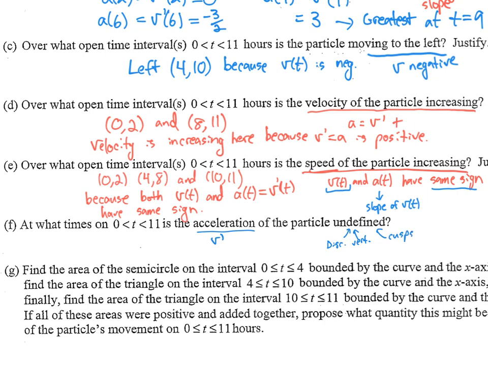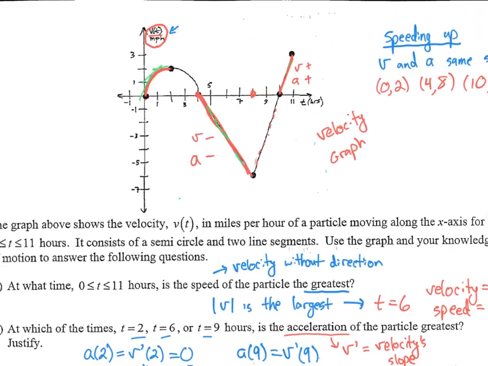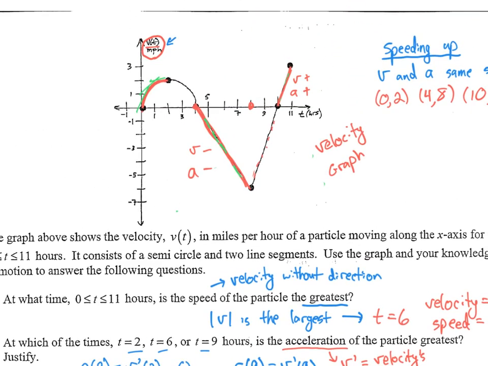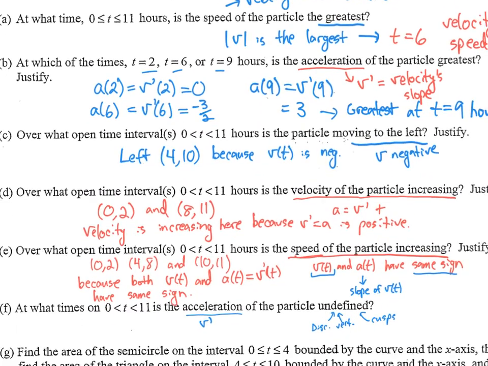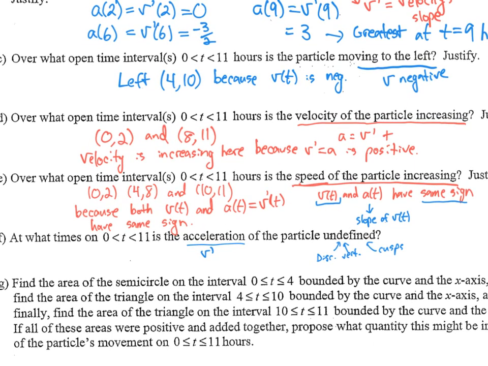And you can see that there are certainly a few of those in that velocity graph. If we zoom up there, it looks like a cusp at 4 and a cusp at 8 are our 2 primary places where the slope is undefined. So we would say at t equals 4 and t equals 8, the acceleration is undefined.